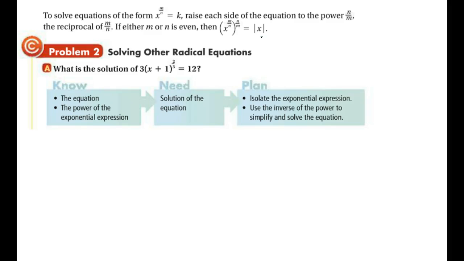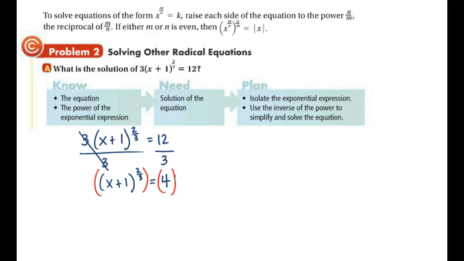We need to find the solution of the equation 3 times the quantity x plus 1 raised to the 2/3 power is equal to 12. First thing I'd like to do is rewrite the equation and then divide by 3 to isolate the expression. Now that we have the expression isolated, I need to raise each side to the reciprocal power of the current exponent. The current exponent is 2/3, so the reciprocal of 2/3 is 3/2.